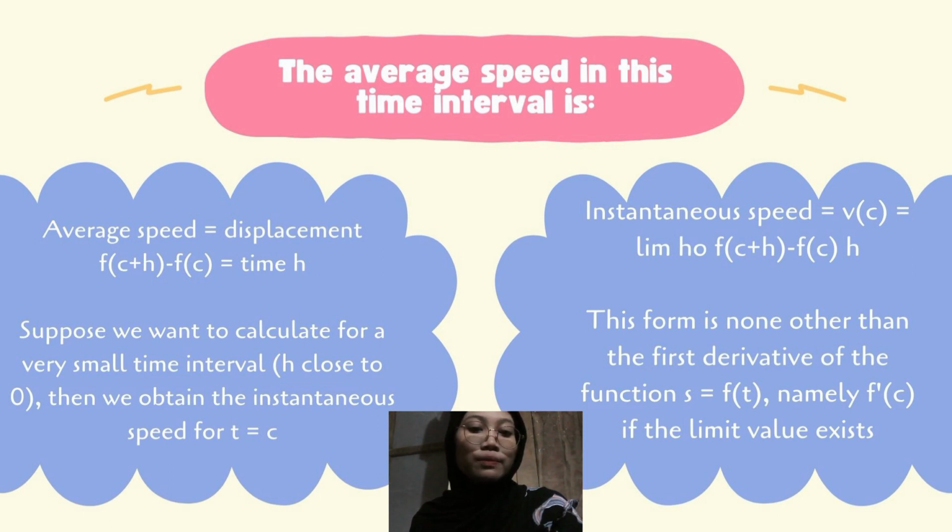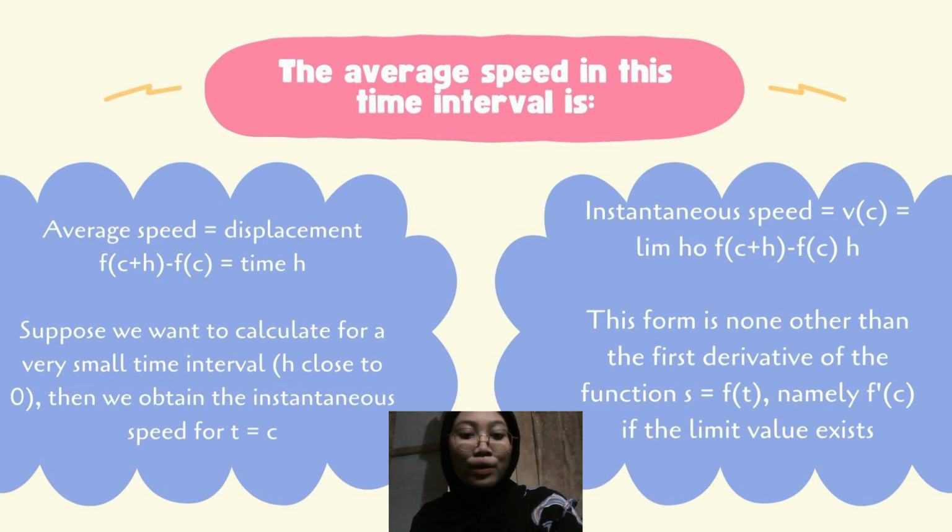The average speed in this time interval is the displacement divided by the time: f(c plus h) minus f(c), all over h. Suppose we want to calculate for a very small interval, h close to 0.